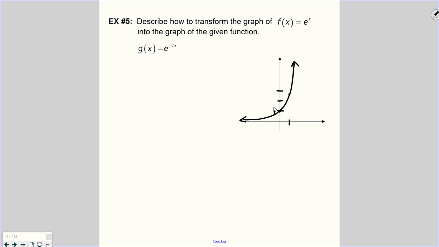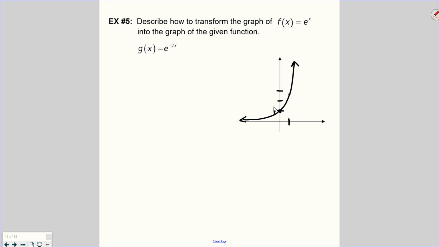I suggest you always put the initial point on the y-axis for an exponential and graph at least one point to the right. Once you get the curve to the right or left, whichever way is growing, you can get a pretty good idea. Now this one is going to have the -2 part. Remember, we don't do much with the stretching, but the negative part is what we're more interested in.